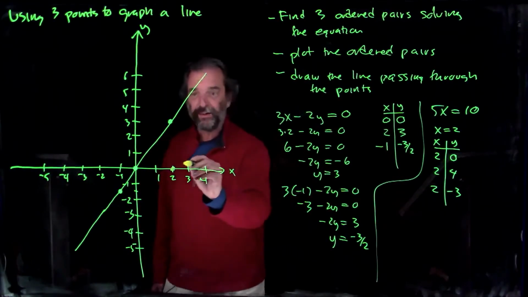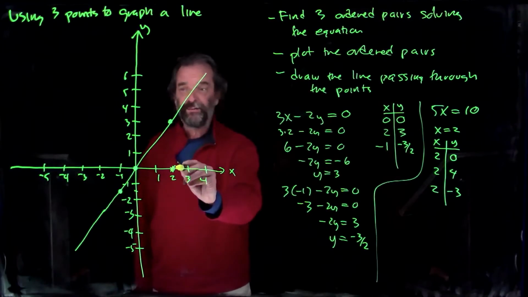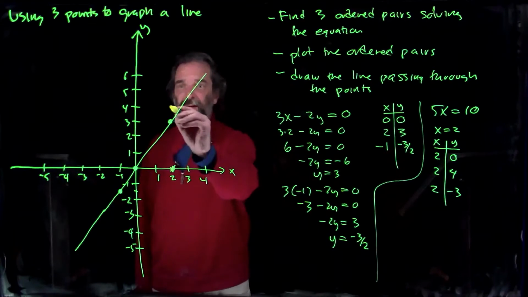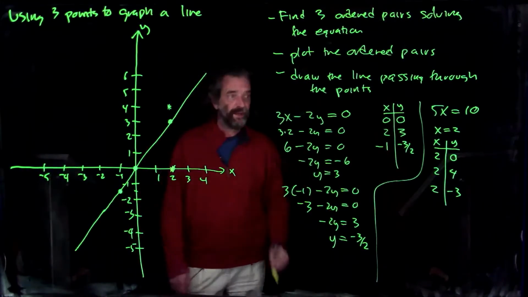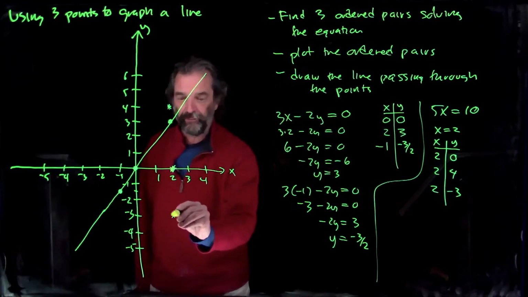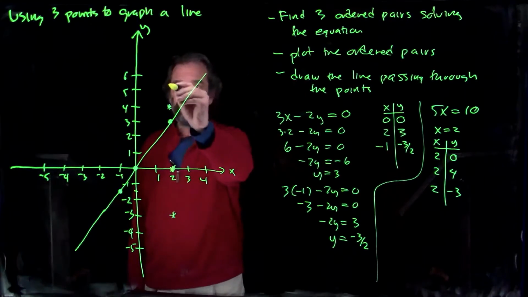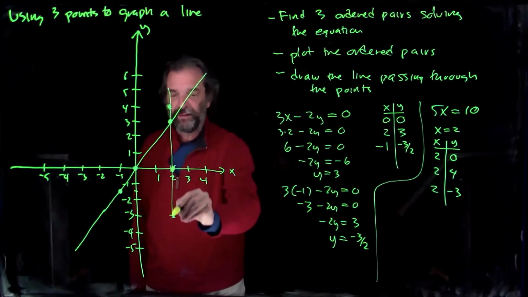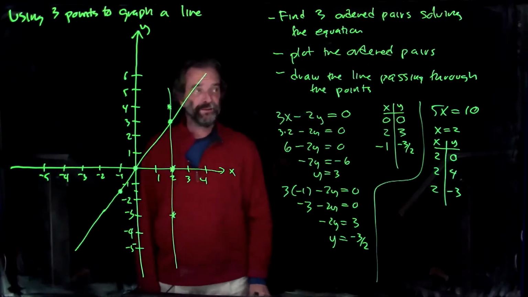X is 2, y is 0. That's right here. X is 2, y is 4. 2, 4, up there. Kind of cool looking. And then x is 2, y is minus 3. That's down here. So these line up vertically, since they all have the same x coordinate, they all lie above x equal to 2.